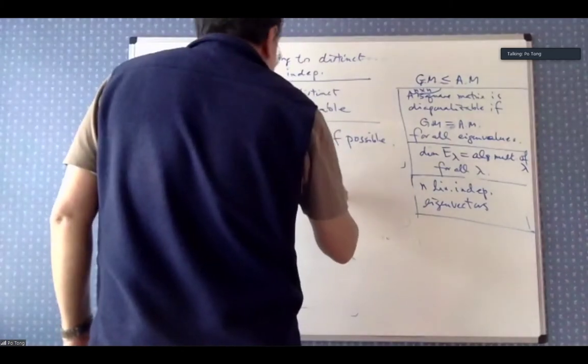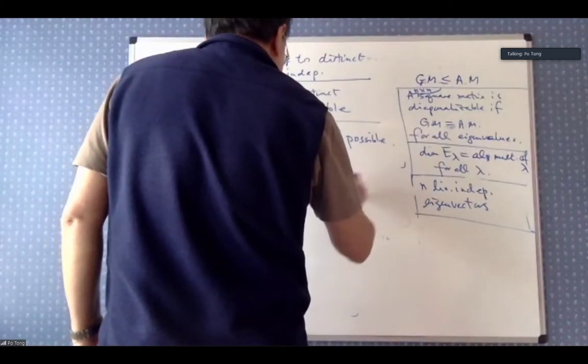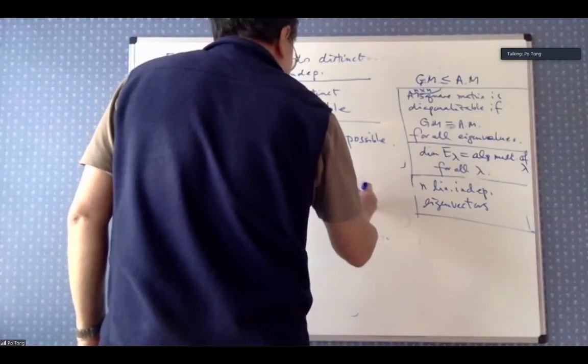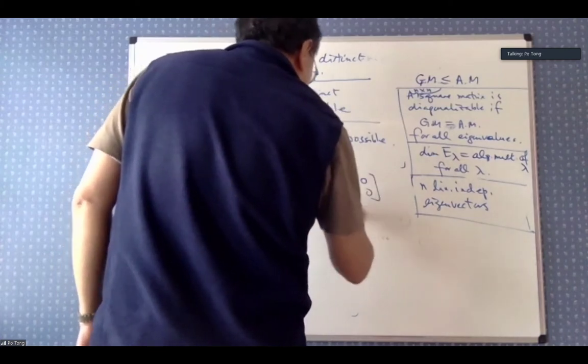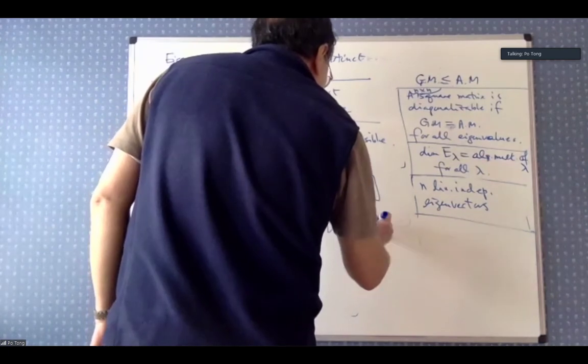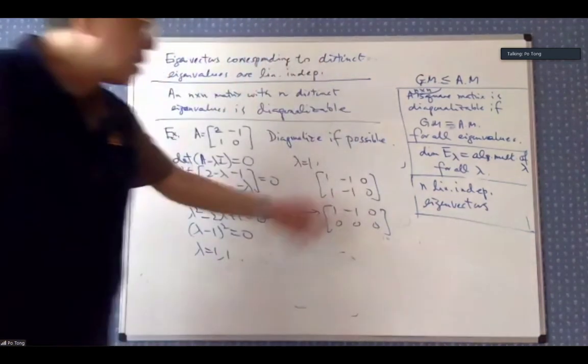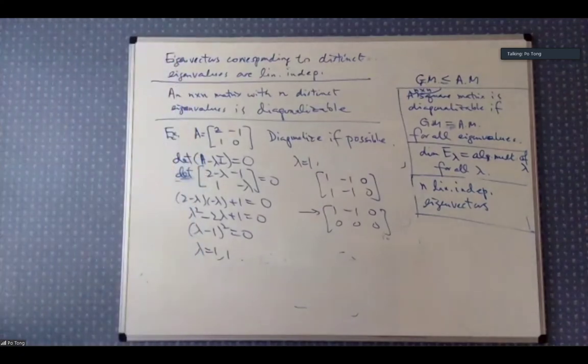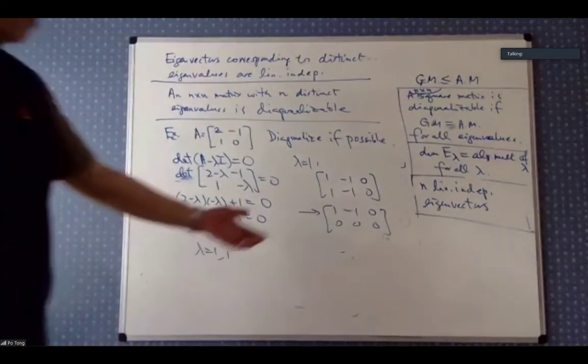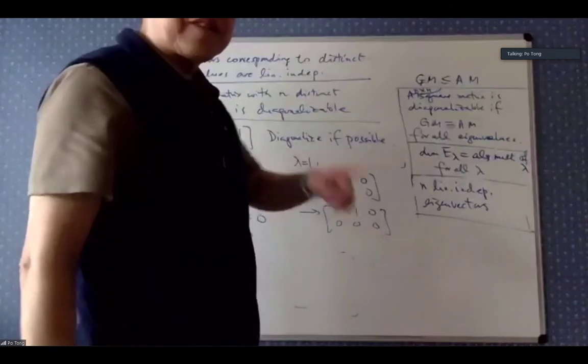Okay, lambda equal to 1, so it's 1 minus 1, 1 minus 1, 0, 0. This would become 1 minus 1, 0, 0. Are there enough free variables? There will be, in this case, 1 free variable, right?